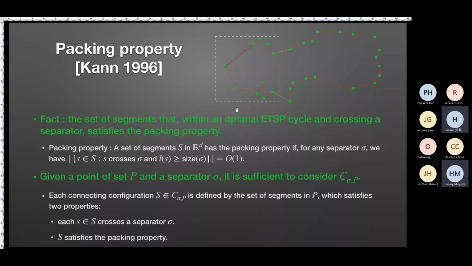That is to say, we do not have to consider each connection between the points inside and outside of the separator, because for those segments with long length, we could ignore them.